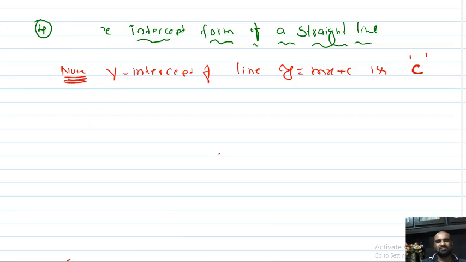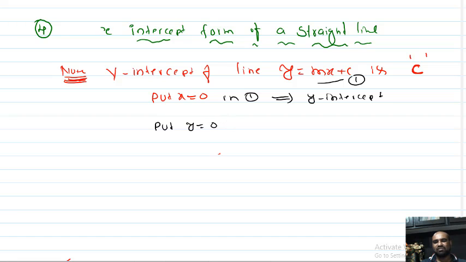I will write that. Put x equal to 0 in equation 1 gives the y-intercept. Put y equal to 0 in equation 1 gives the x-intercept. This is the working rule to find the x-intercept and y-intercept. Again, put x equal to 0 in 1. What happened? Y equals c.